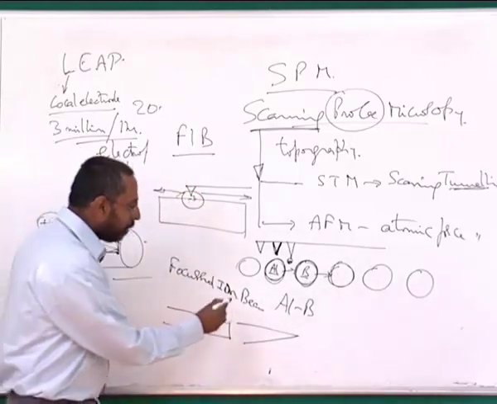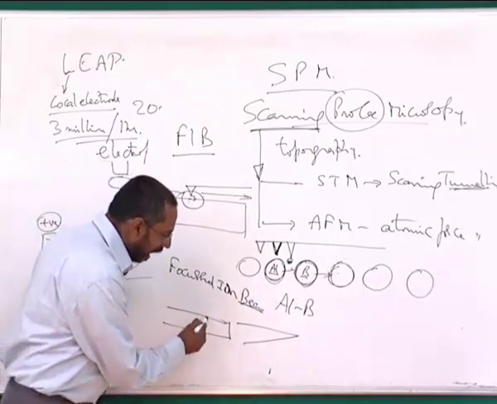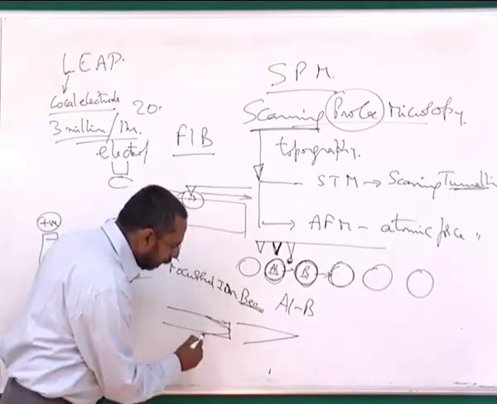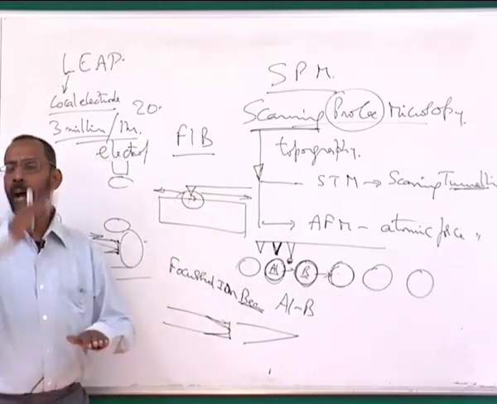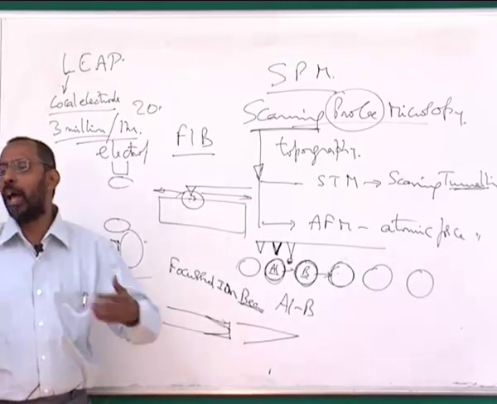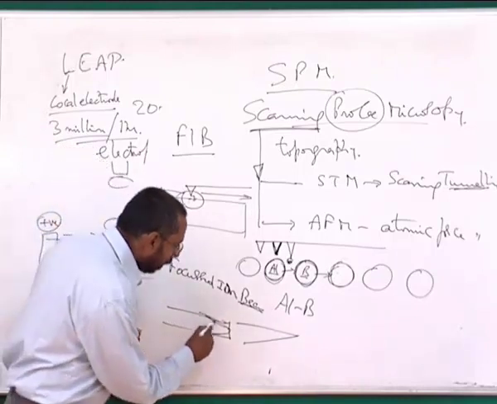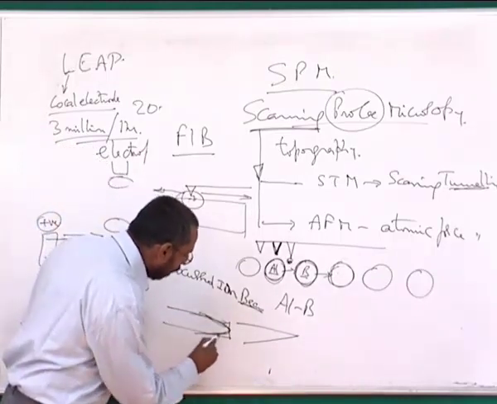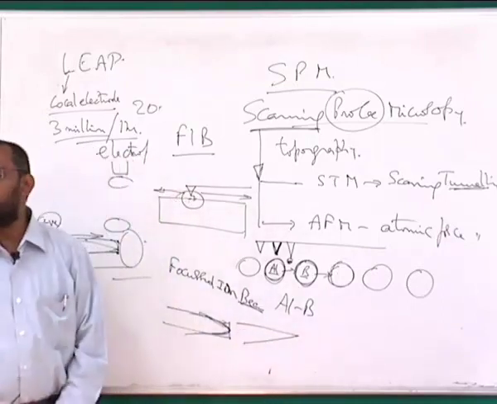So what I can do is use an ion beam and focus that ion beam on the surface and then sputter away the atoms slowly, as if I am milling away, doing like a lathe machine, where I take out the surface of the sample and make the sample of a particular shape. Similarly, I can do that milling on my surface so that finally I make it into a tip like this.